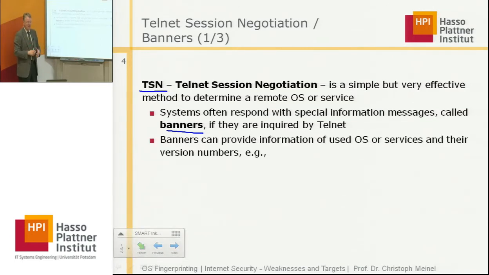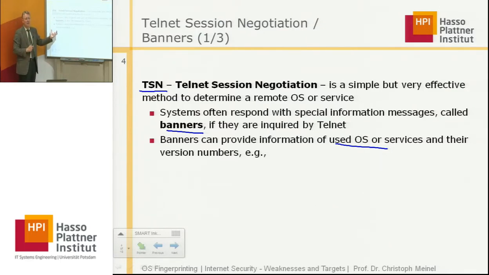These banners, the information provided in the answers, typically provide information about the used operating system and services, and often they even provide the version number. The idea is to make a good connection, to provide the partner all the information so that afterward he can use telnet in the most affordable way.